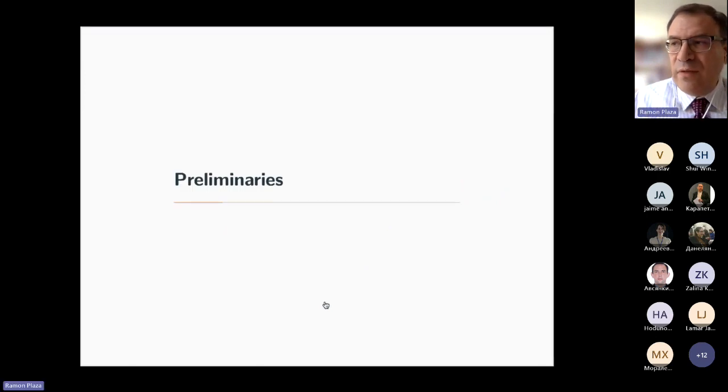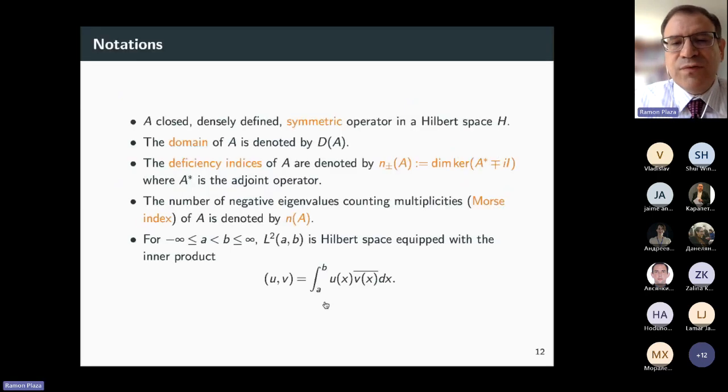So our motivation is to study these solutions, to describe these solutions. Do they exist? And more importantly, to decide whether they are stable or not. So let's talk about some preliminary material in order to study this problem. First, some notation, of course. Suppose that you have A, which is a closed densely defined symmetric operator on a Hilbert space.